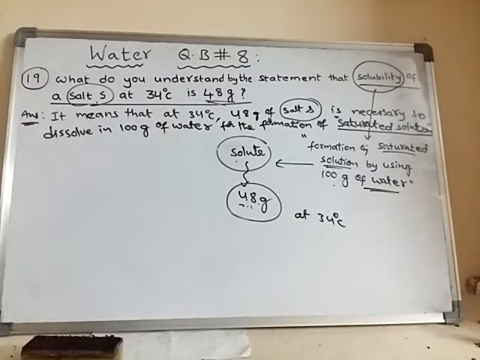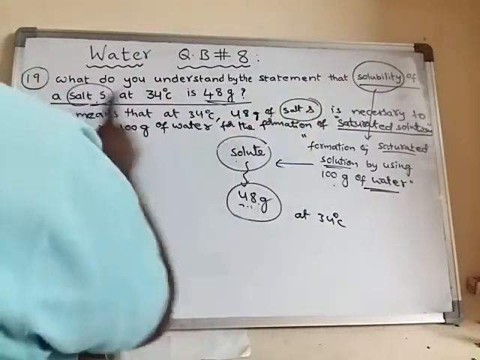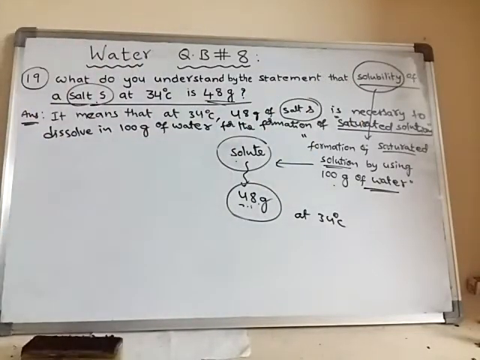So the solubility of the salt is 48 grams, means 48 grams of that salt is necessary for the formation of saturated solution with 100 grams of water. That is the meaning of this statement.